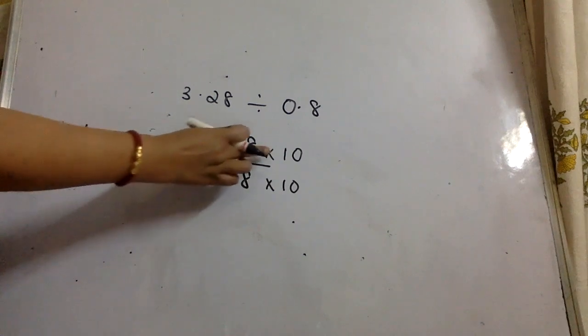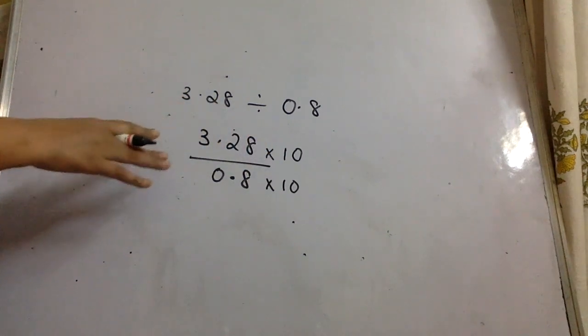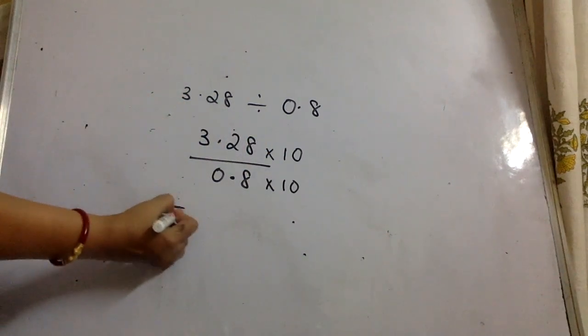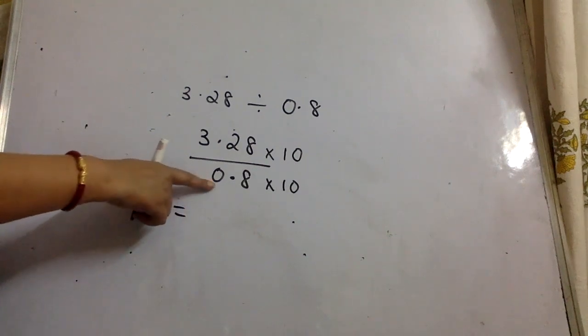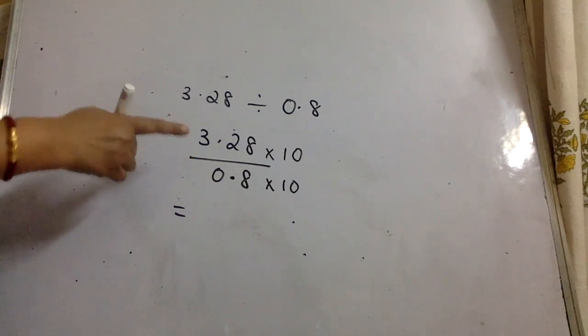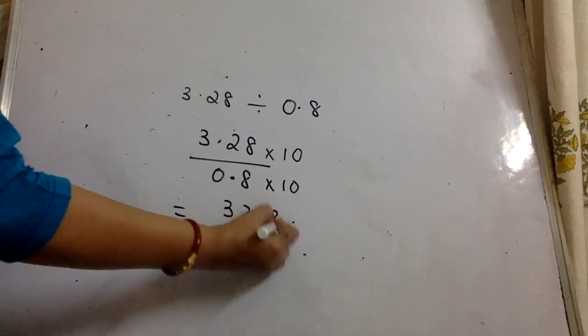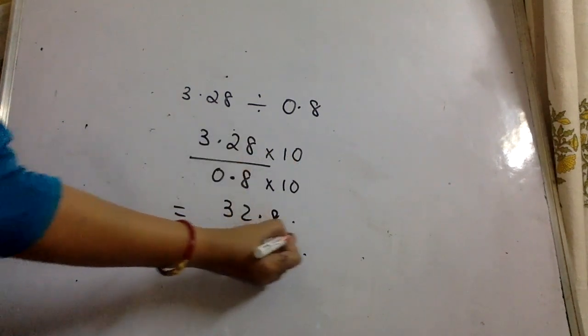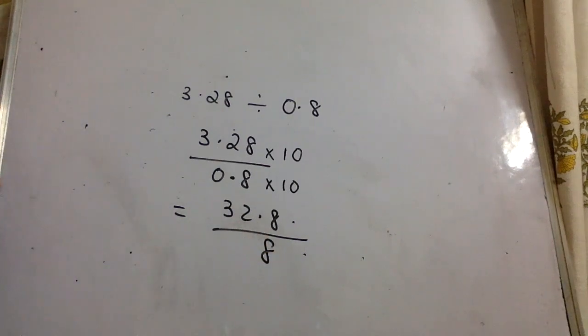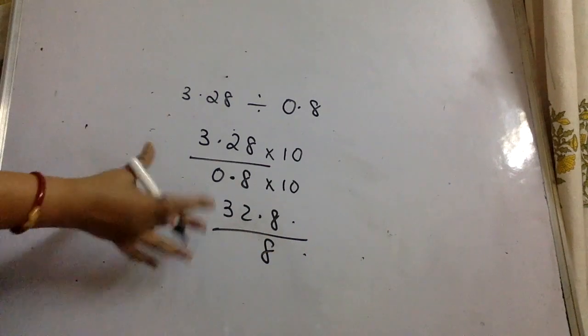So to balance it, I multiply with a 10 in the numerator as well. In the process, I have removed the decimal from here and converted it to a regular whole number. So 32.8 on multiplying with this 10, and this is an 8.